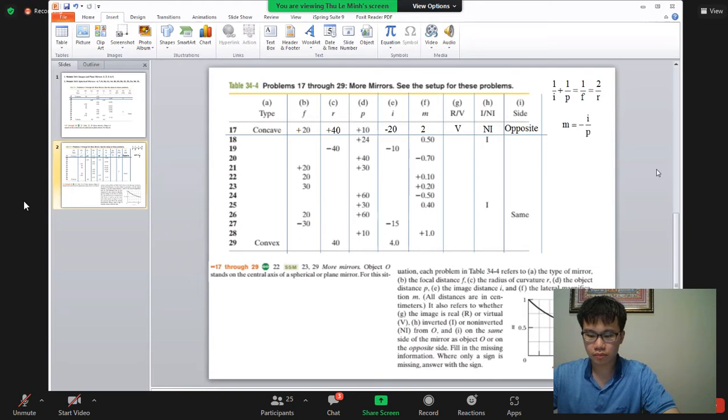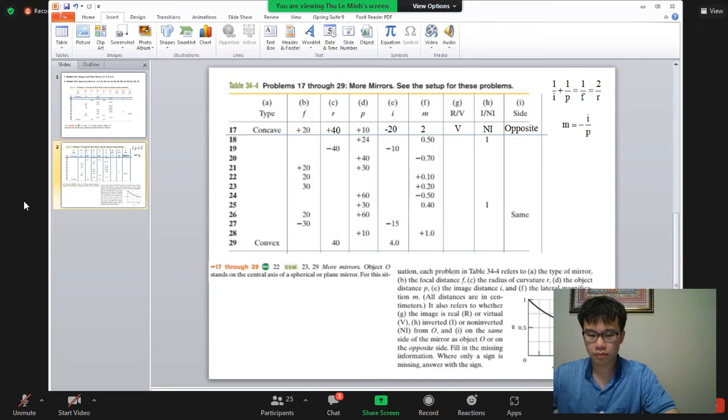And for F, we apply it for concave and convex mirrors. For a concave mirror, we will have a positive focal point, and for a convex mirror, a negative focal point. Okay. And how about lateral magnification?